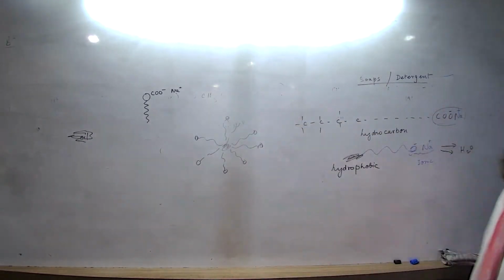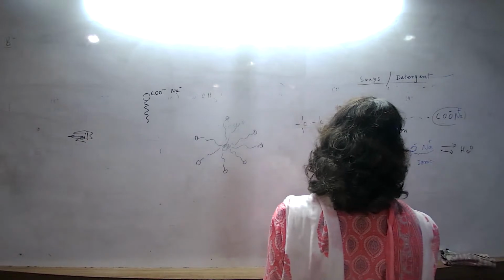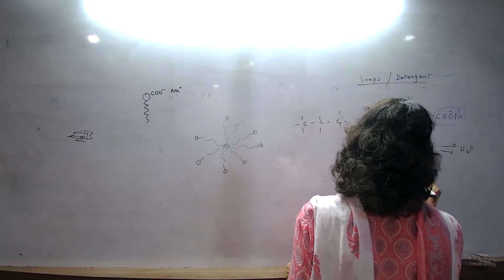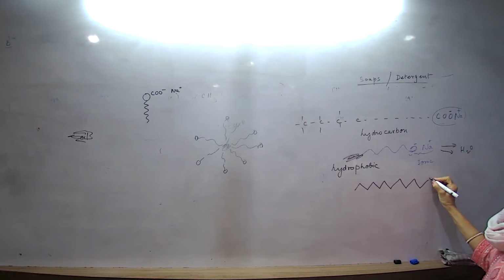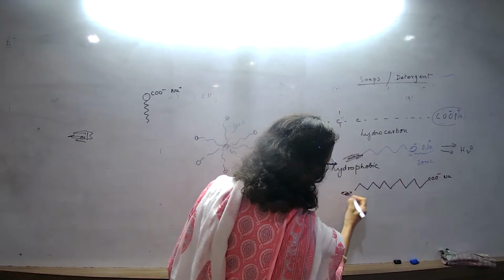This part likes water. Therefore, it is hydrophilic. Now I'm stopping reading for some time. Quickly take down the structure in your book. Draw it properly, okay? This can be your COO-Na, and here is your oil or grease or whatever it is.